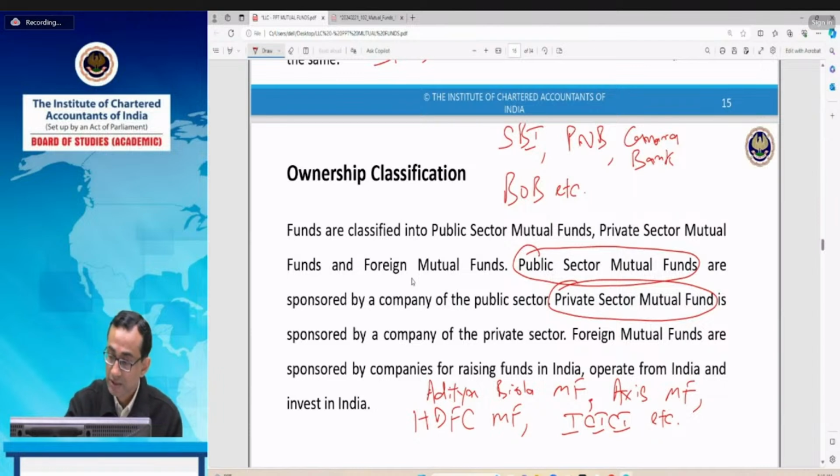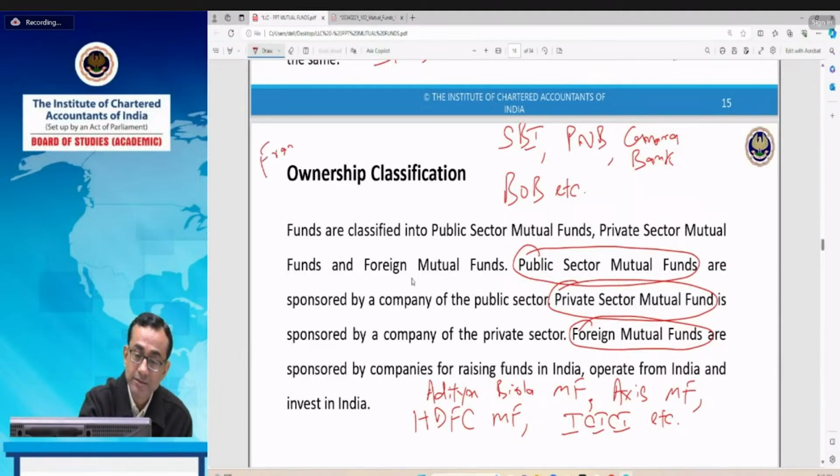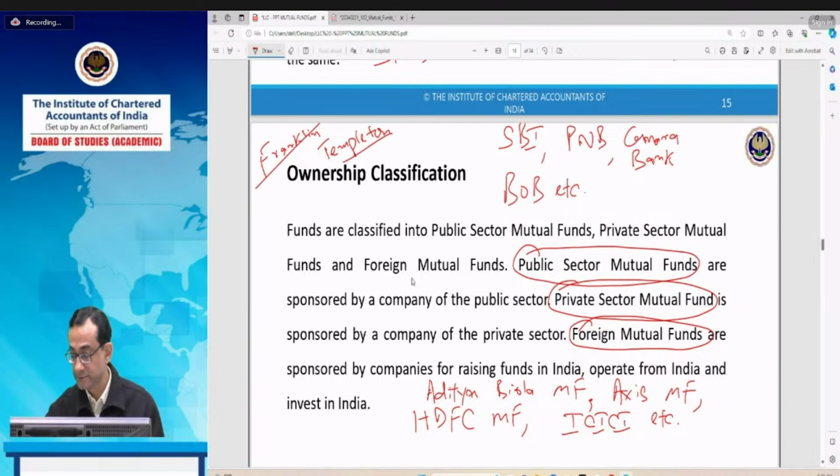Foreign mutual funds are fewer, but there are now various foreign mutual funds also, for example Franklin Templeton. So funds are classified into these parts also. It is up to the investor whether to invest in a public sector mutual fund, a private sector mutual fund, or a foreign mutual fund.